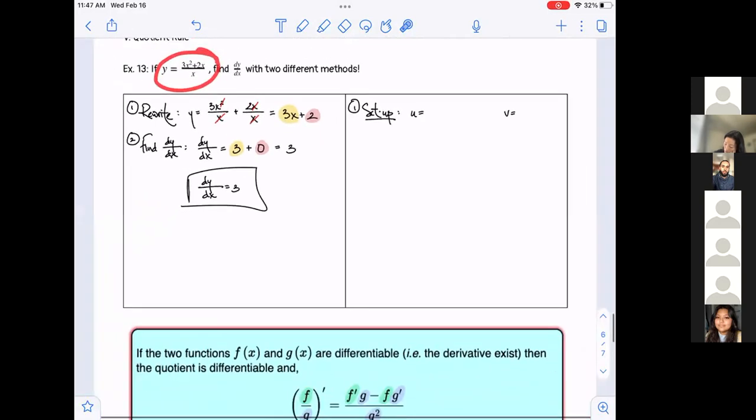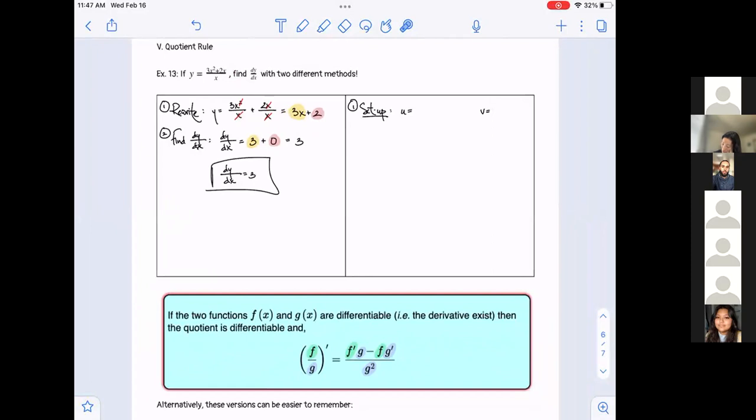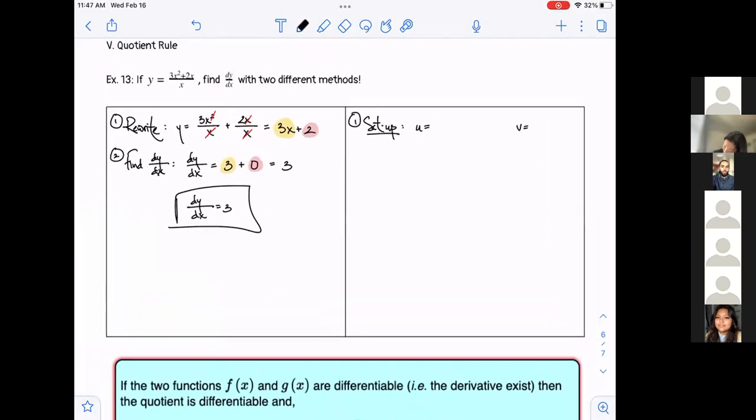That's a good guess, but in this case, F represents the entire numerator. Oh, the entire top. Okay. 3x squared plus 2x. Good. So 3x squared plus 2x. And V is our entire denominator, which is x. Okay. So denominator, numerator.